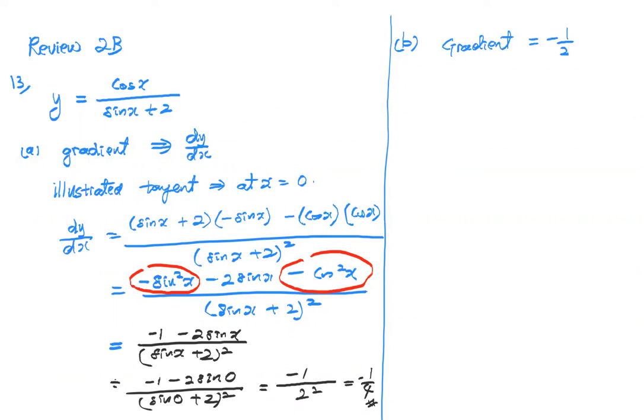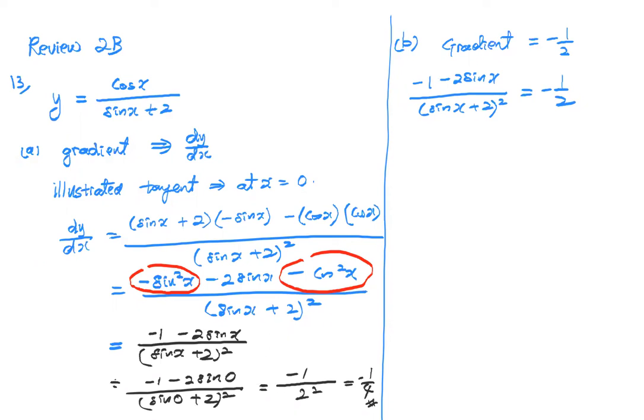So I have my gradient function, negative 1 minus 2 sin x over sin x plus 2, the whole thing squared equal to negative half. I assume there is.